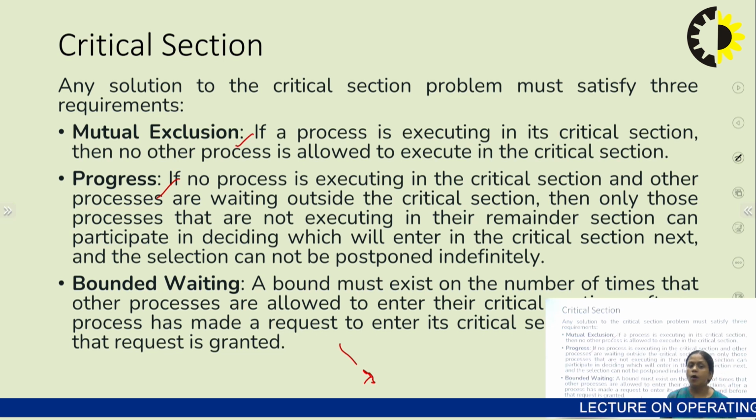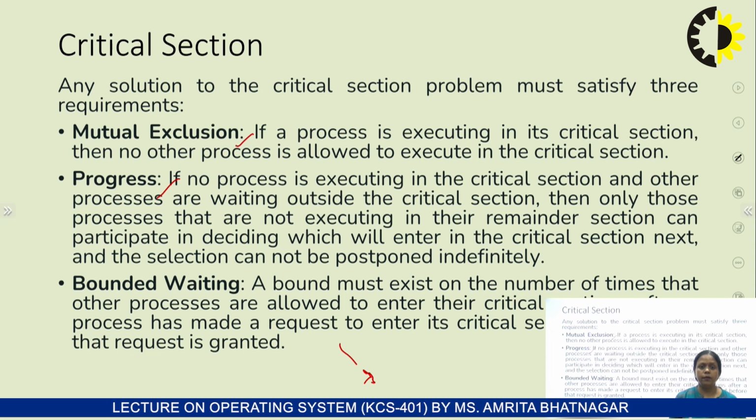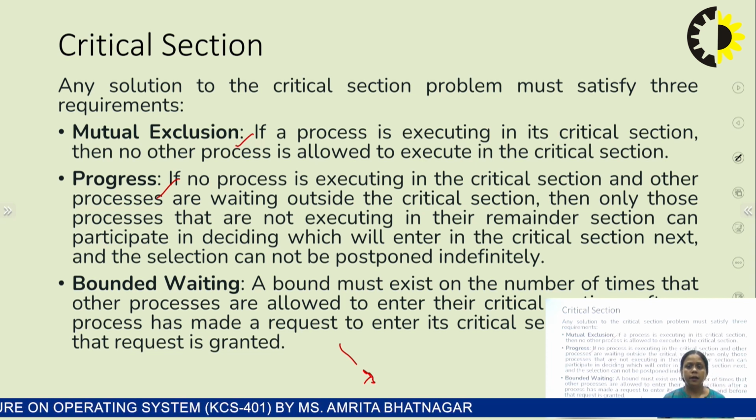Now, next is bounded waiting. Bounded waiting concerns the number of times a process enters the critical section. There should not be a condition of starvation. For example, if we have two processes P1 and P2, and P1 enters its critical section many times, but P2 is in a state of starvation, this is an unnecessary condition.